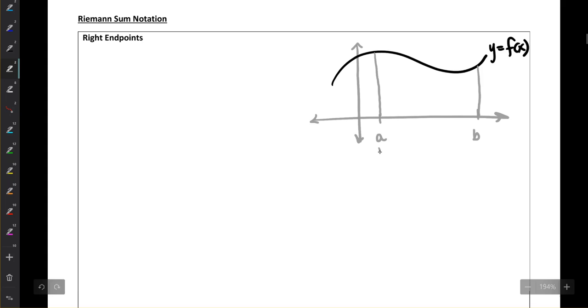So I'm going to have a be just x sub 0 or x naught. Then the next place where we've got a partition in the domain, we've got x1, x2, x3, continuing on and on, x4, x5, and then finally at the very end have xn.